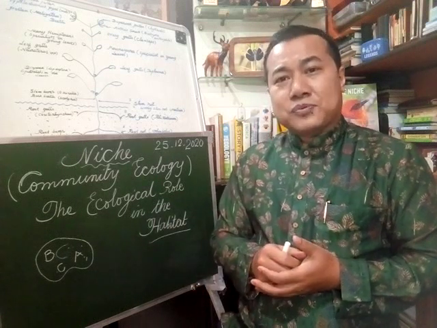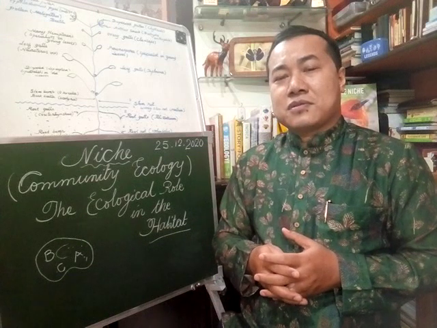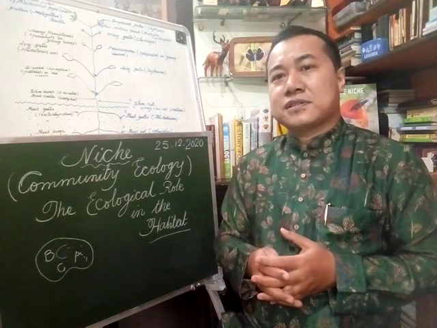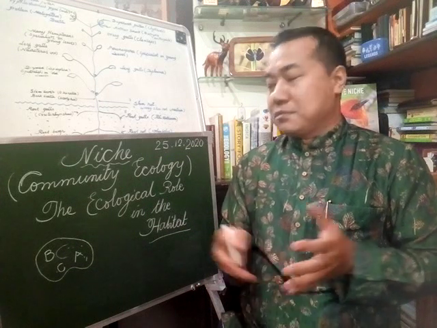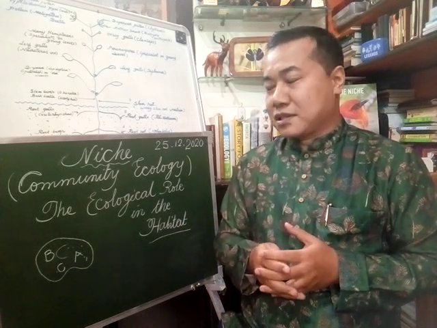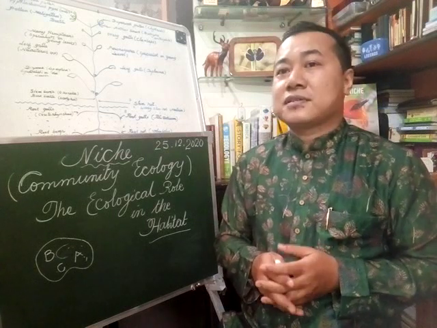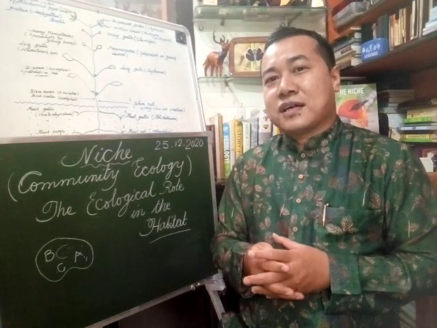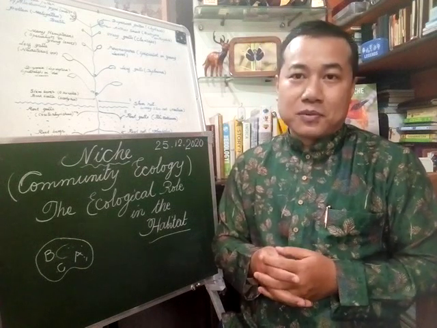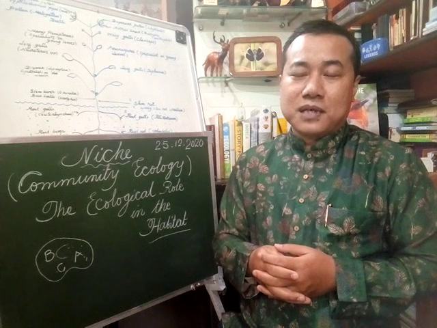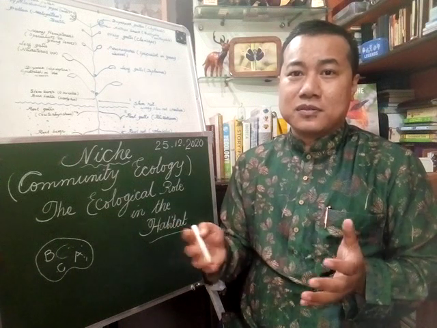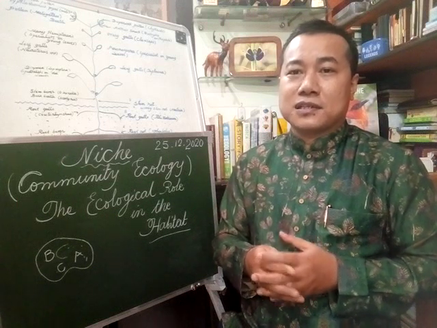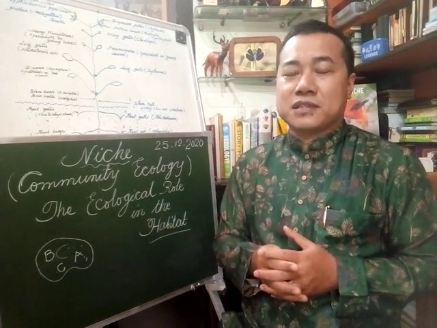The concept of niche was already known to Darwin, and to Joseph Grinnell in the 1920s. In the first part of the 20th century, people had already talked about this particular concept, even in the 19th century. But it was Charles Elton who wrote a wonderful book called Animal Ecology, which talks about niche as the trophic level, or the transfer of energy from one trophic level to another in the food chain or the food web in a given ecosystem.